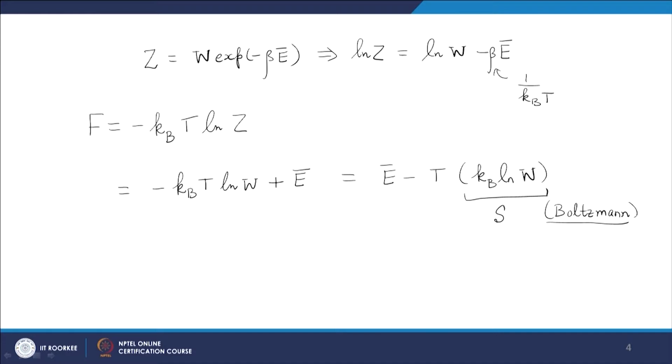He derived this particular expression, and no one agreed to this expression of entropy while he was living. Only after he died, people saw value to his work, and this expression is engraved on his grave as S equal to kB ln omega, omega for W, which was one of his most important contributions to today's thermodynamics.